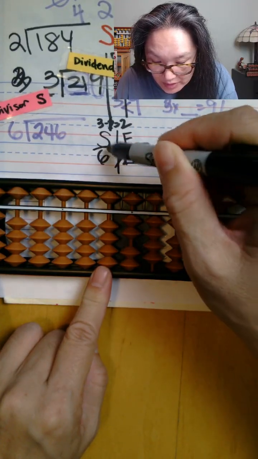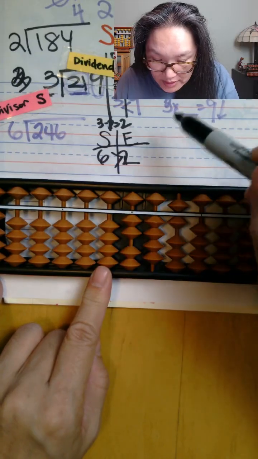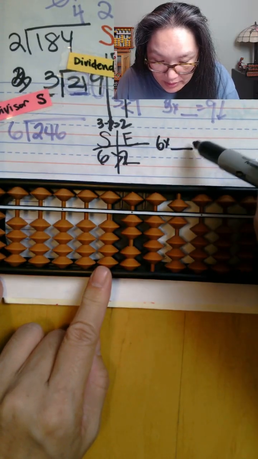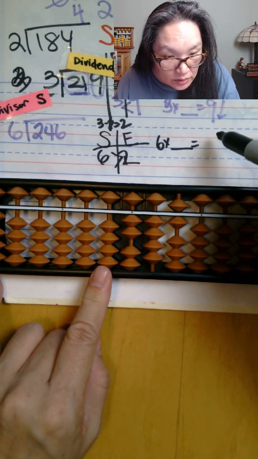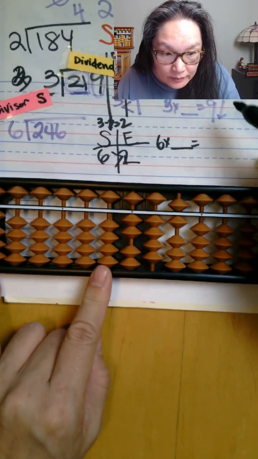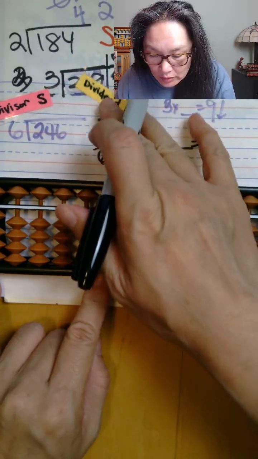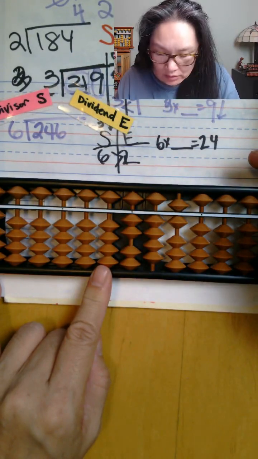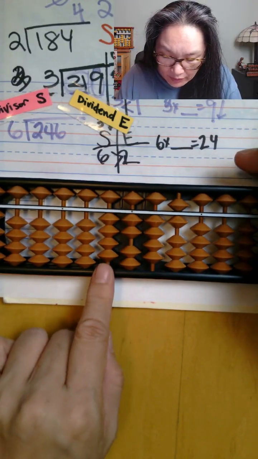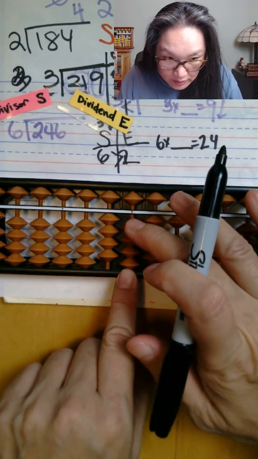So my divisor is bigger. What would be the question that I need to ask myself? 6 times what is equal to 24? Exactly. 6 times 4, right? So I add my 4 where my answer is. I take away 20 and I take away 4.